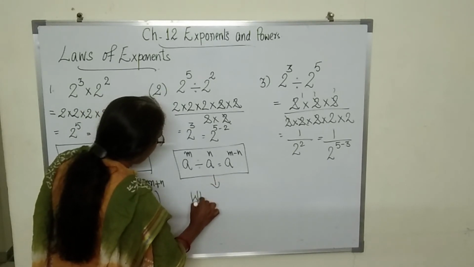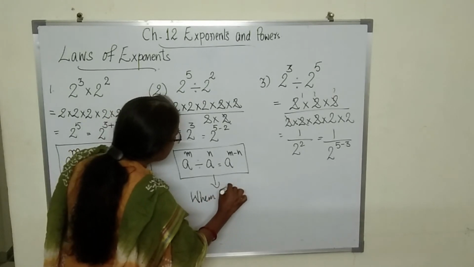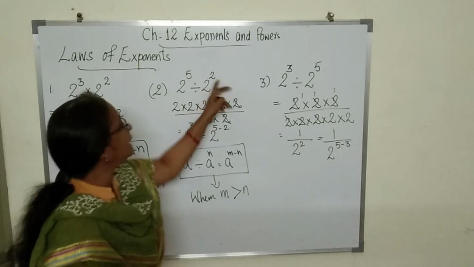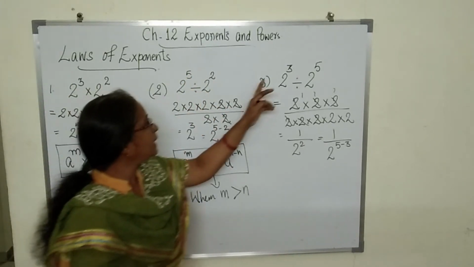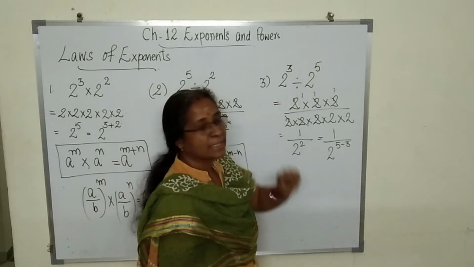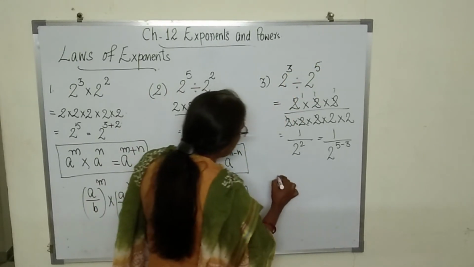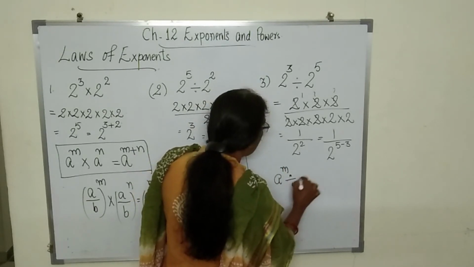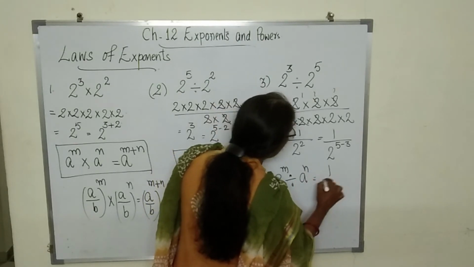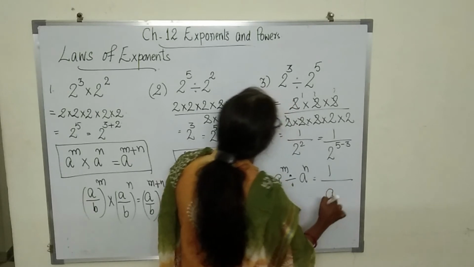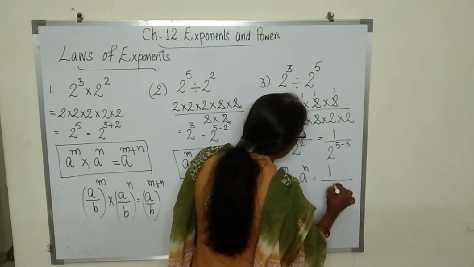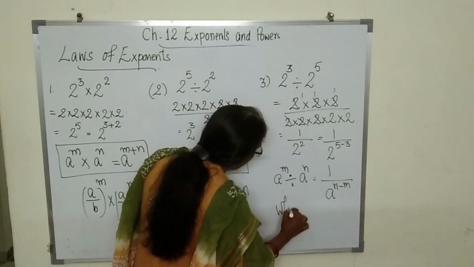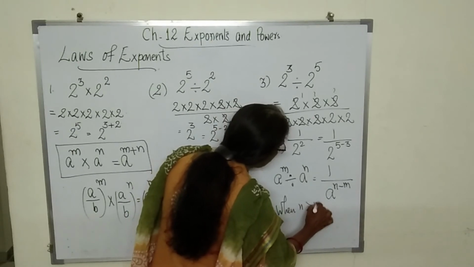This is the case when m is greater than n, that is, the first exponent is greater than the second. But here m is less than n. So in that case, a raised to m divided by a raised to n is equal to 1 upon a raised to n minus m, when n is greater than m.